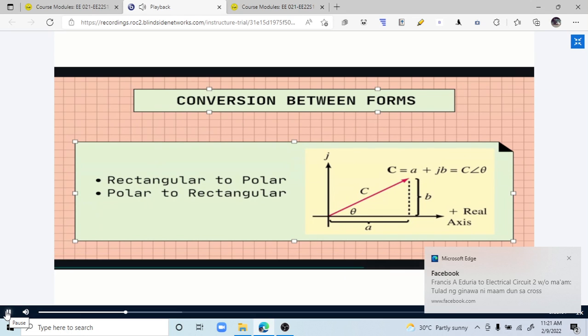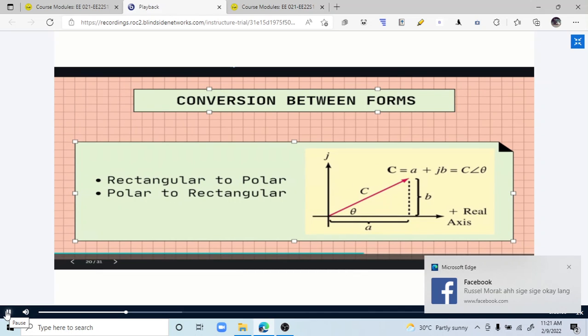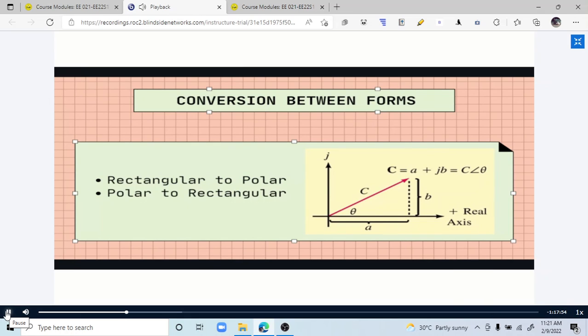What do you think will be the equation? Okay, very good. Our C is equal to the square root of A squared plus B squared.